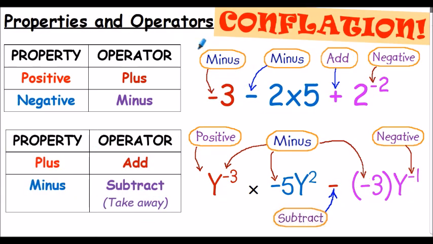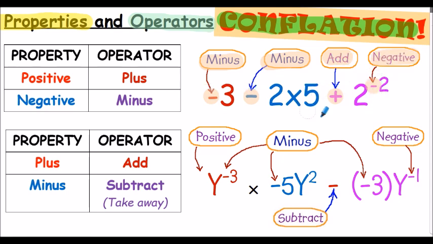What I just wanted to highlight to you here is that sometimes properties and operators can be conflated. So these are examples of conflation. So here I'm returning to the calculations and showing you how the terminology is conflated. If you notice in the upper line now, this states a minus 3 minus 2 times 5 add 2 to the power of negative 2.